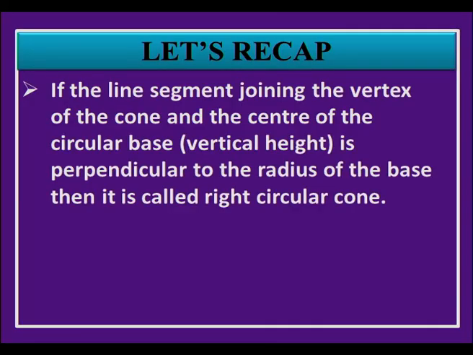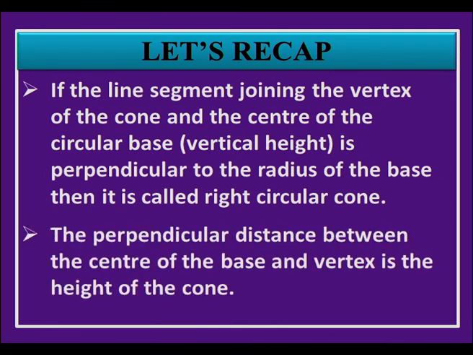So, children, till now we have learnt about surface areas and volumes of cone as well as sphere, and we have solved some problems also. So, before we conclude, let us recap what we have learnt in this session. If the line segment joining the vertex of the cone and the center of the circular base is perpendicular to the radius of the base, then it is called a right circular cone.